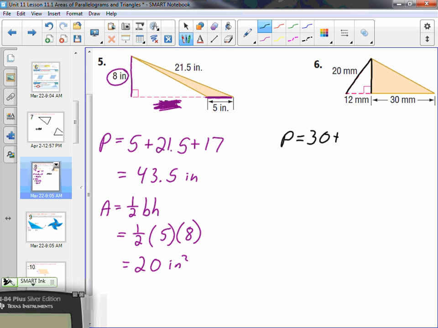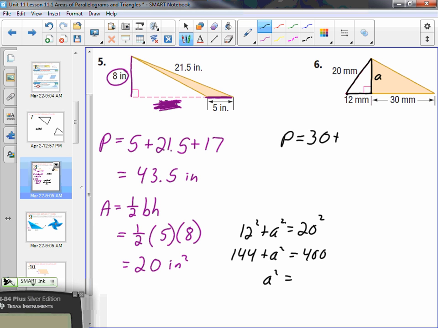First, I'm going to use this triangle to find that missing length right there. And I'll use the Pythagorean theorem on it. Okay, so 12 squared plus a squared equals 20 squared. That'll be 144 plus a squared equals 400.